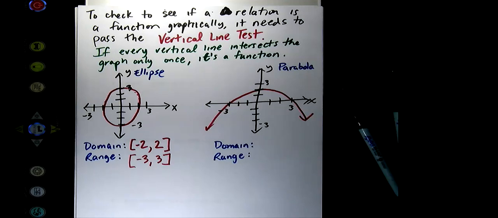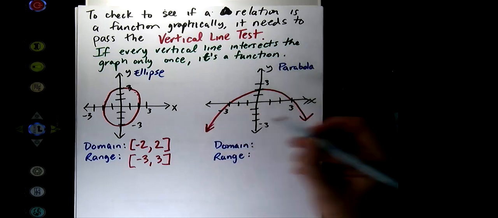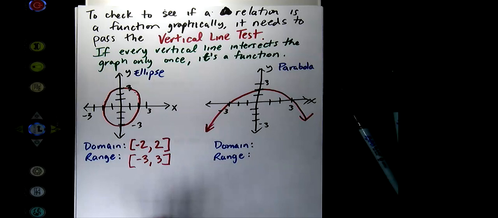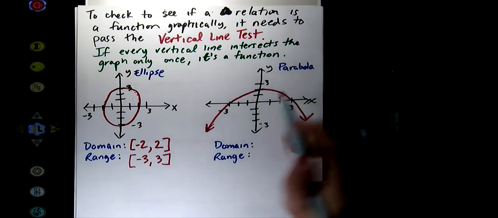If it has arrowheads on it, like the parabola does, and they're at any sort of angle that isn't vertical or horizontal, you can assume they're going on forever at an angle. So it may take a long time to hit a particular negative number or something like that, but it can.